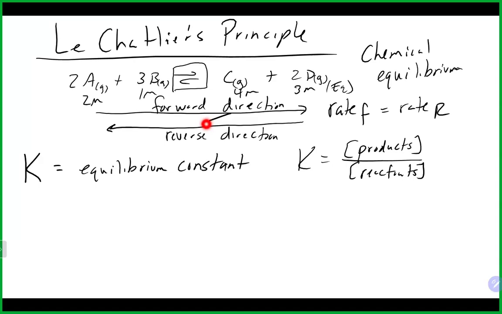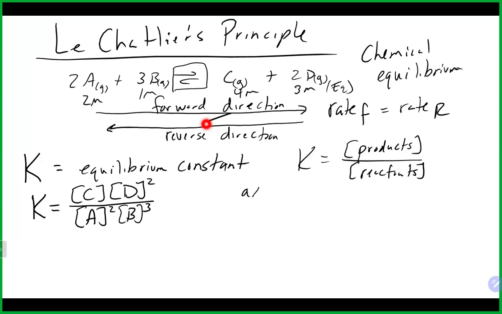And when you have an equation such as the one I wrote there, you can write the expression as the concentration of C times the concentration of D squared, divided by the concentration of A squared and the concentration of B cubed. You take the coefficients.